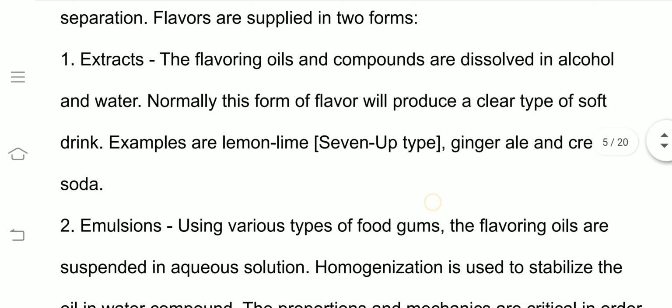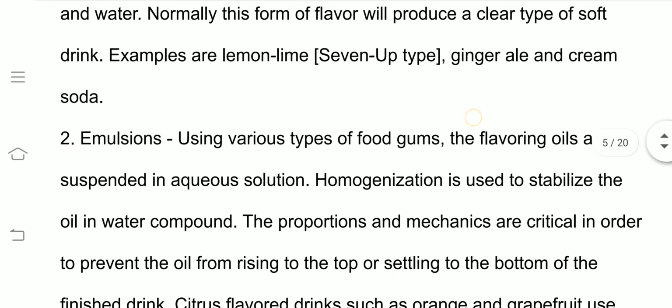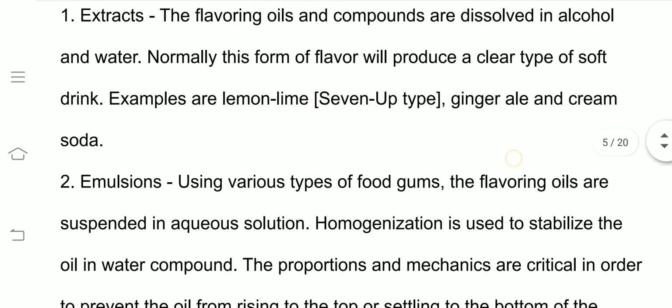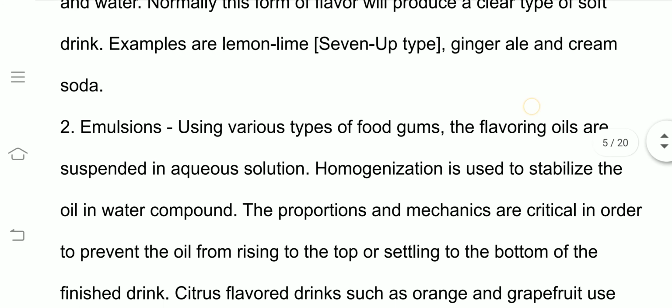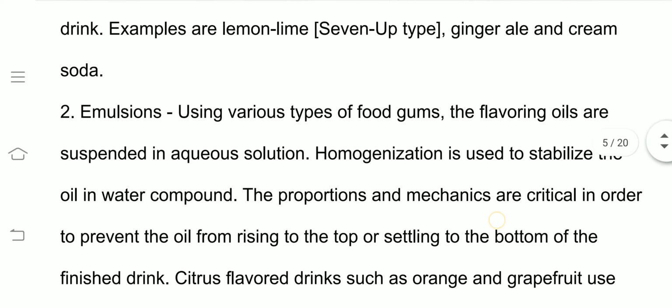Flavors are supplied for carbonated soft drinks in two forms. First are extracts and second are emulsions. The flavoring oils and compounds are dissolved in alcohol and water. Normally, this form of flavor will produce a clear type of soft drink. Examples are lemon, lime, like 7-Up type, ginger ale, and cream soda.